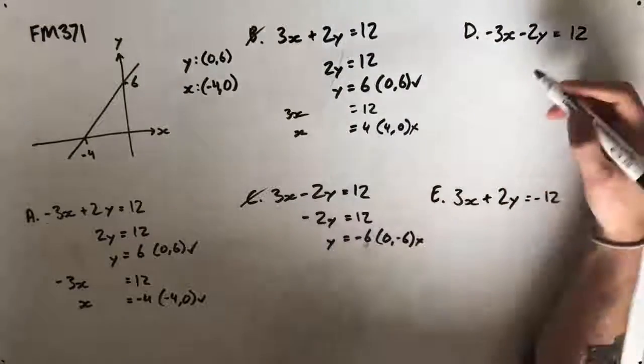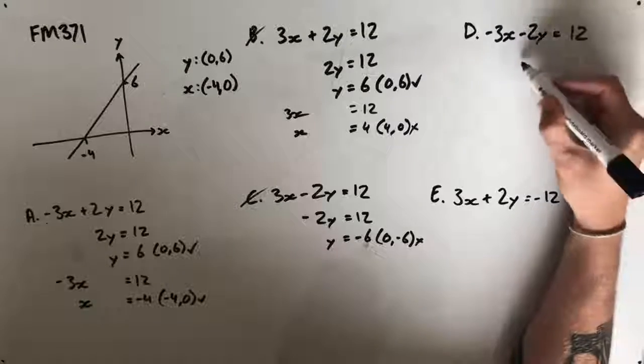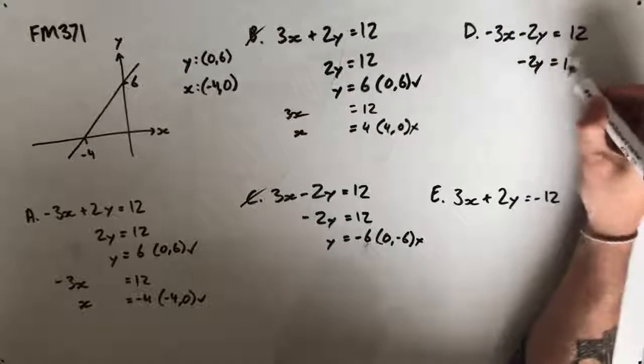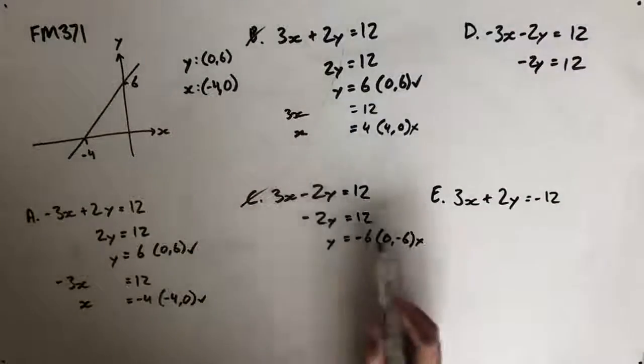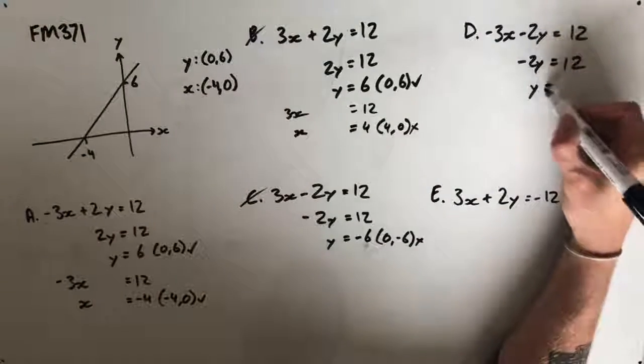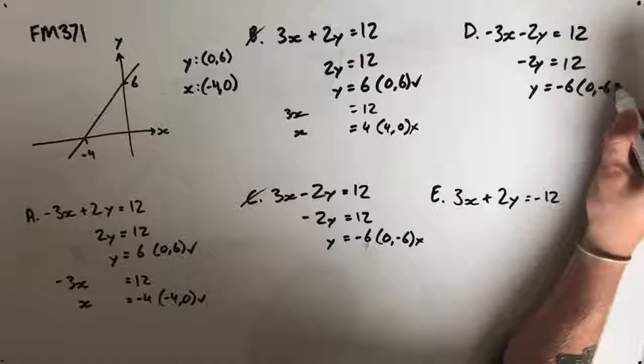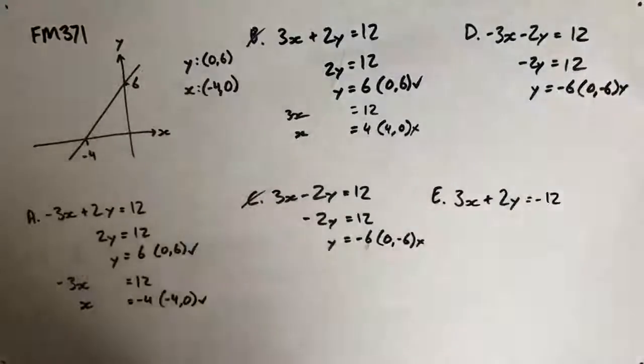Option D. Going through the same motions, we substitute 0 for x, which leaves us with -2y equals 12. This is the same process as for C. Dividing both sides by -2, we get y equals -6, once again landing us at a y-intercept of 0, -6, which is not what we want.